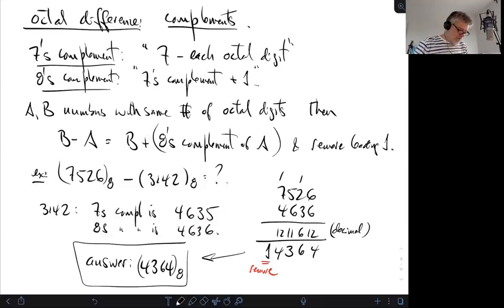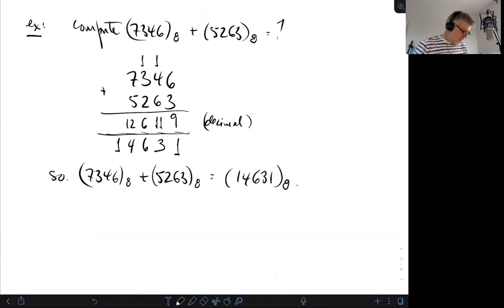Okay, so let me go back to my example. So let's look at this example. I had a sum. In this case, if I understood your question correctly, here I do not remove the leading one because I'm actually doing a sum, right? So here I have to keep it. If I remove that leading one, I'm not going to get the right answer, okay?